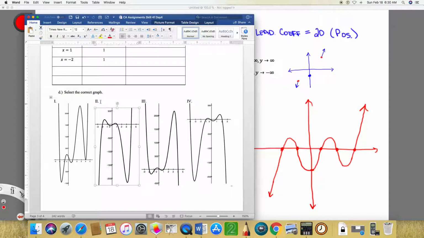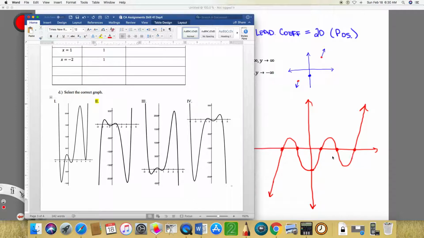They're all crosses. So this is definitely a candidate. Here it's going up to the left. Ours is going down, so it can't be that. And for the same reason, it can't be this one. It's got the wrong end behavior. It's going up. So this number 2 has to be our choice among these 4.